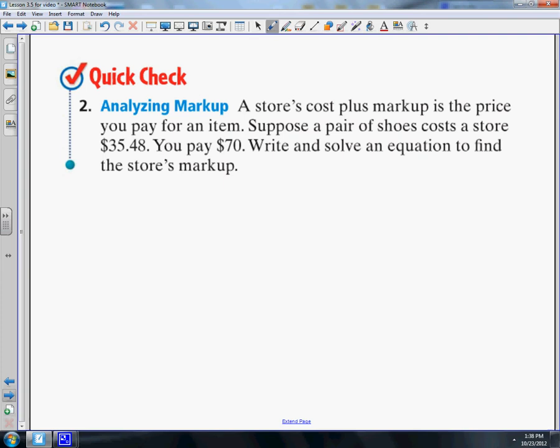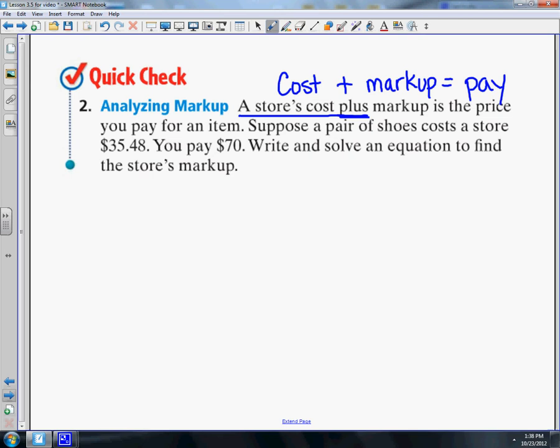All right, so it said in the very first sentence, a store's cost plus, it tells me right there, plus markup equal the price that you pay. Okay, so let's see what they've given me.